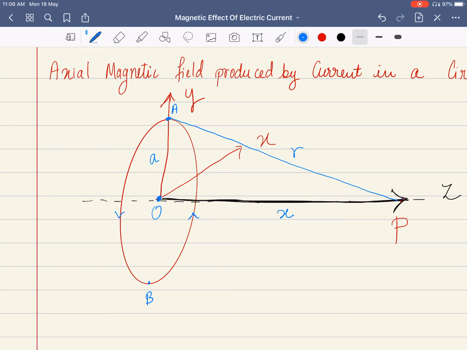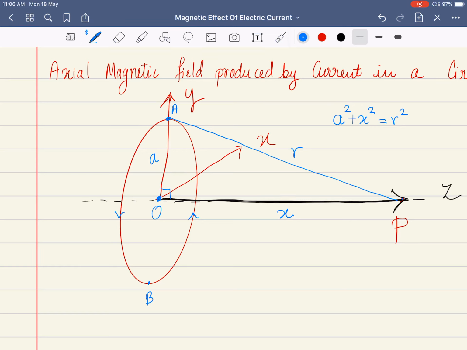Getting it clearly? So can I say that the axis is 90° to the radius of the coil? So we can say that a square plus x square is equal to R square. Getting it clearly?